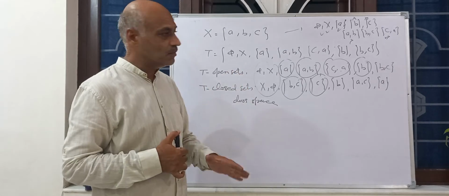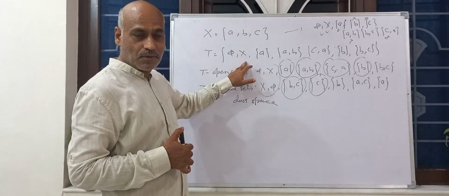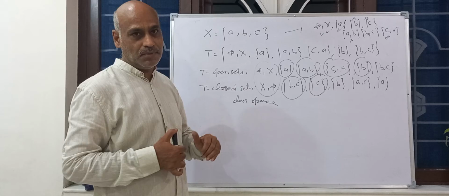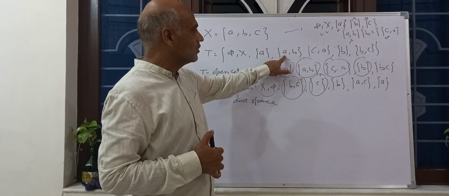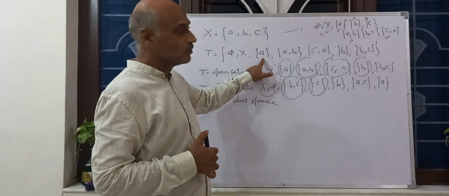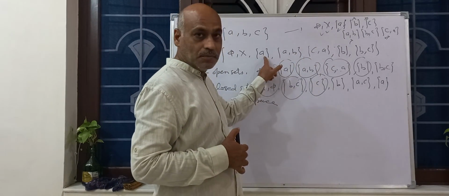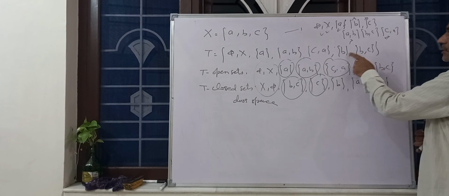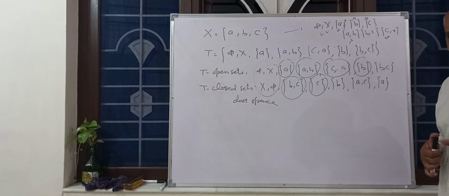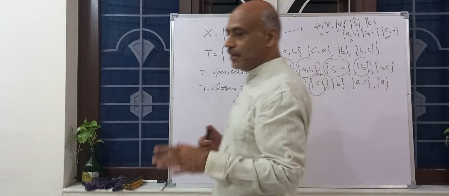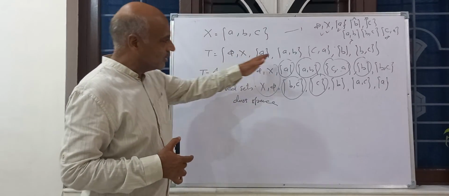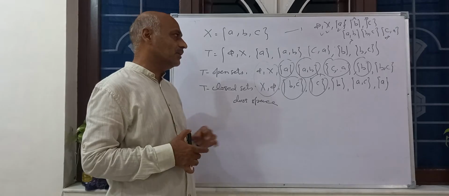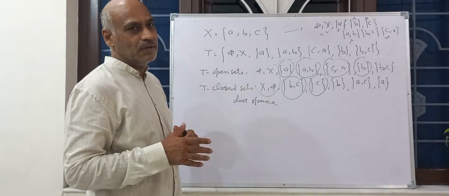Phi belongs to T, X belongs to T. If A belongs to T and B belongs to T, then their intersection A intersection B belongs to T. And whatever sets we take from here, their union also belongs to T. So these are the basic definitions we have to remember.